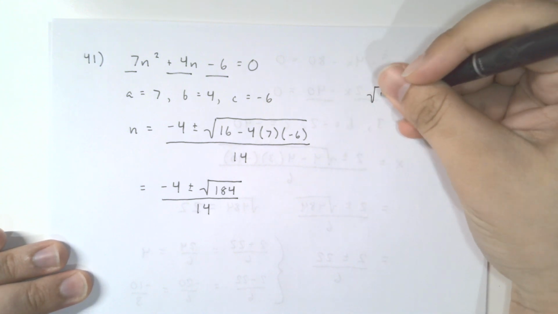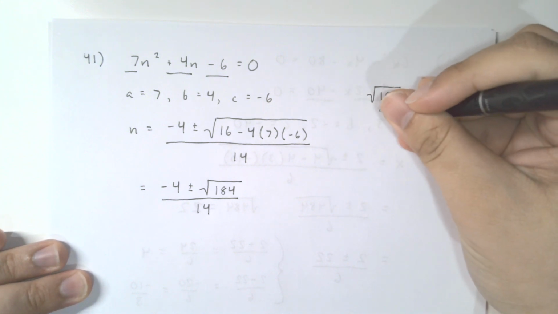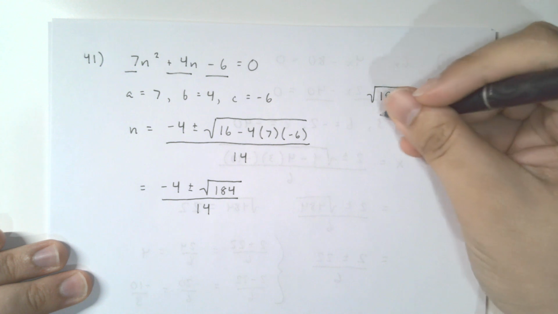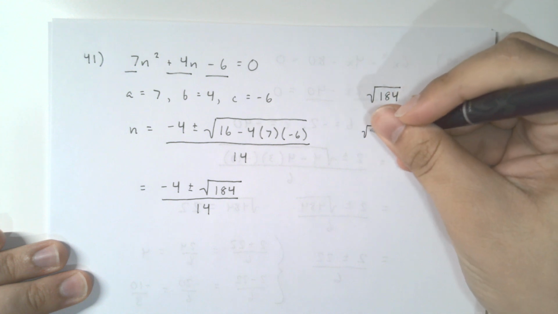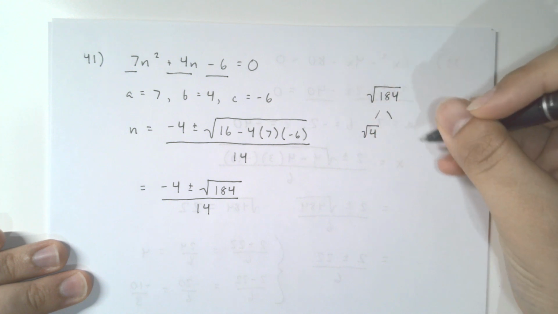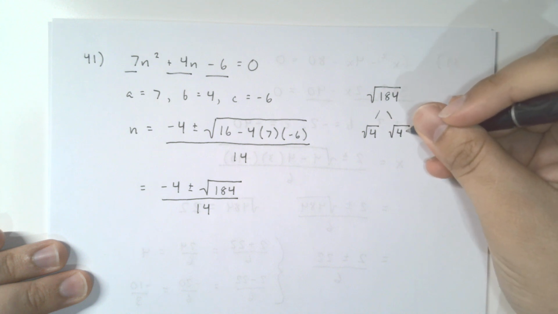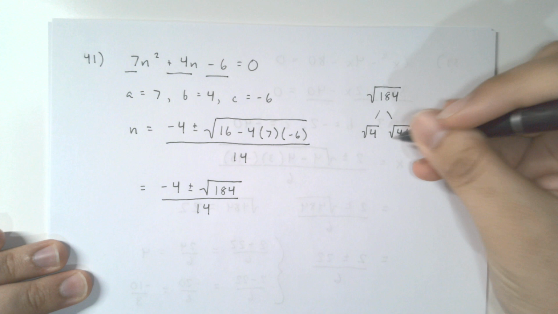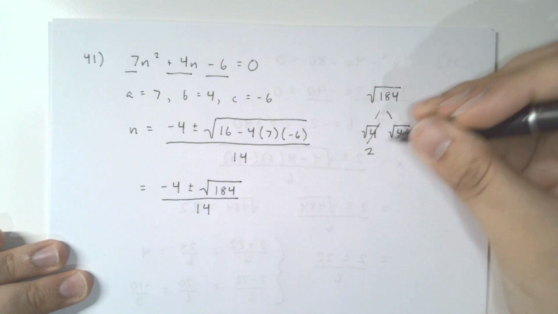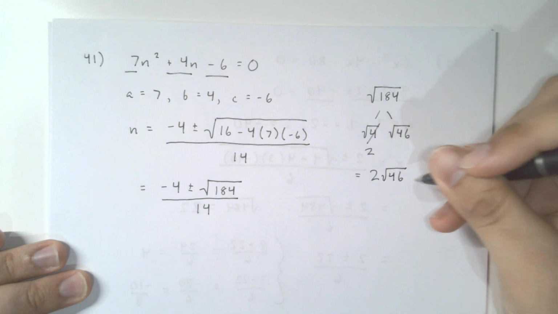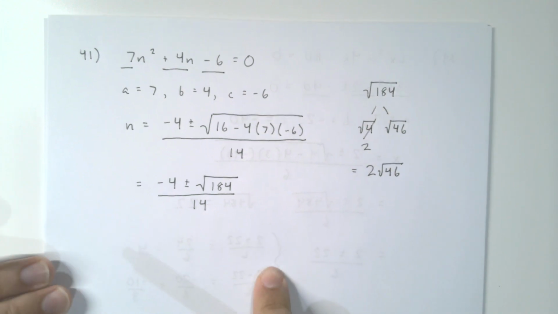So the square root of 184, we try to divide that by the biggest perfect square we possibly can, and it turns out that the biggest one that we can divide by is only 4. And so if we divide 184 by 4, we get the square root of 46. This is a 2. So that's equal to 2 square root of 46.